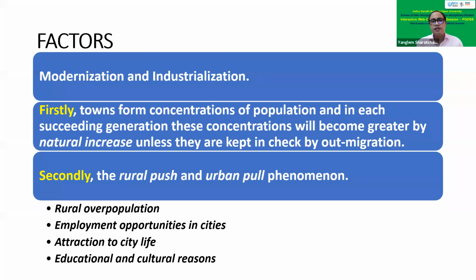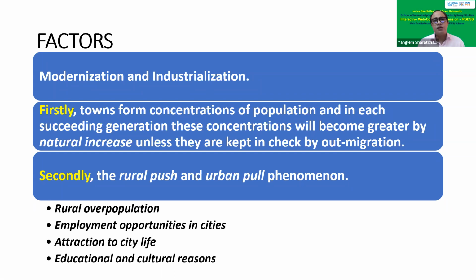I mentioned that it is about the concentration of population in a particular region. Then in succeeding generations, population increases, and that is natural increase. Based on population size, we identify that as an urbanized environment, which had certain development activities over those 10-20 years that were far better than other places.